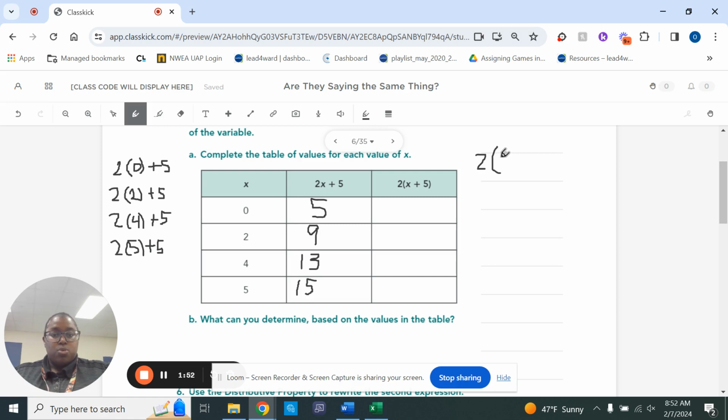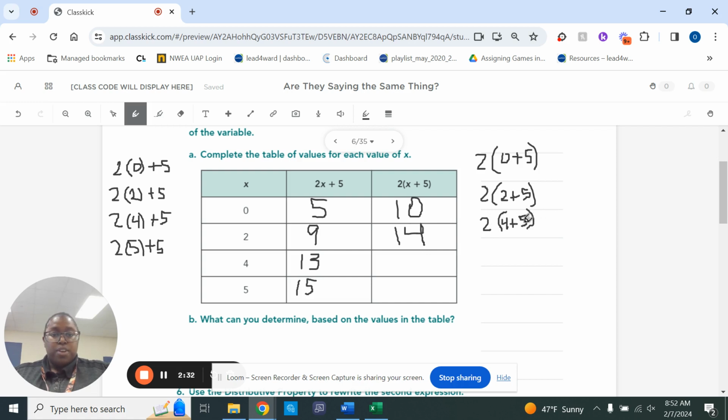So 2 times the quantity 0 plus 5. So parentheses first. So 0 plus 5 is 5, times 2 is 10. Then we have 2 times the quantity 2 plus 5. 2 plus 5 is 7, times 2 is 14. 2 times the quantity of 4 plus 5.